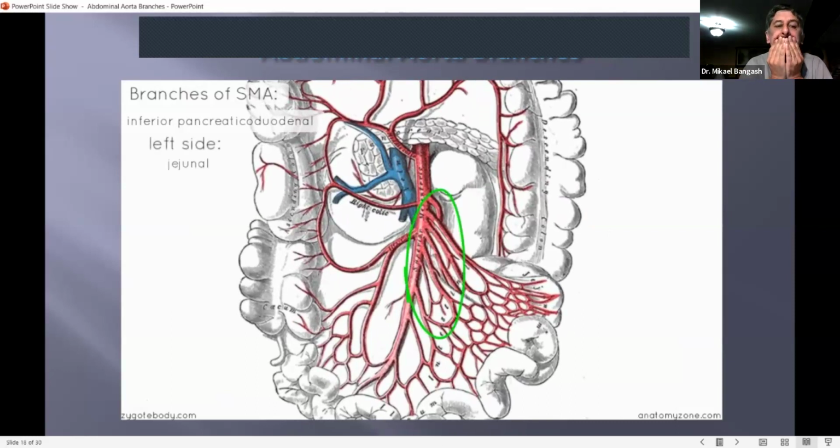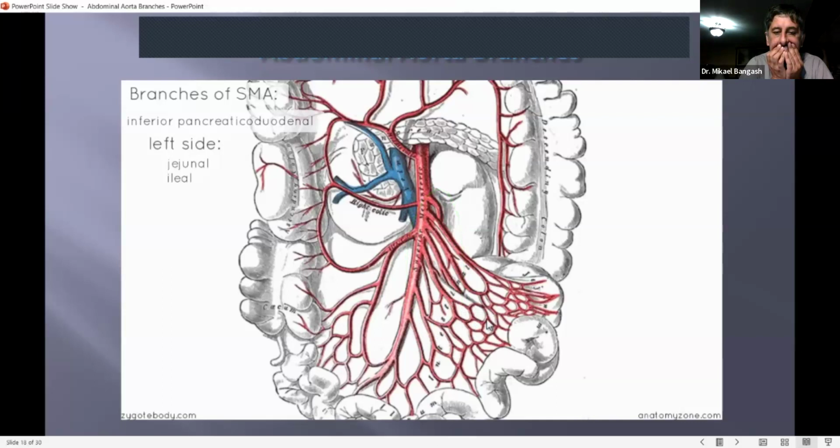You've got jejunal vessels and ileal vessels, and there's lots of these, as you can see. What you'll notice is that there are these arches or arcades, which are anastomoses between these vessels. The vessels join together to form these arcades, and you can see that there are a few levels of these arcades. If you've watched my tutorial on the peritoneal cavity, you'll know that the small intestine is intraperitoneal.